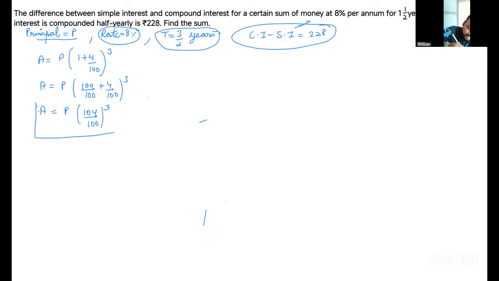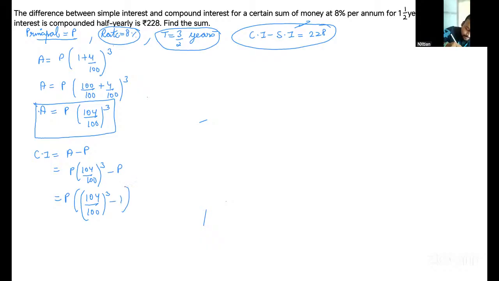Now we know that compound interest is basically amount minus principal. The amount is P into 104 upon 100 cubed minus P. If I take out P as a common, it will become P into (104 upon 100 cubed minus 1). This is the compound interest I got.